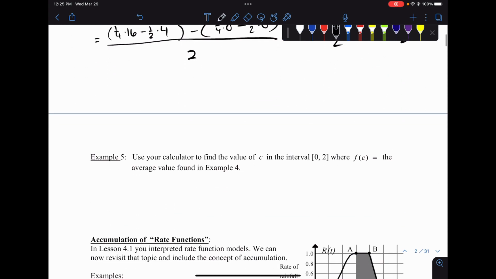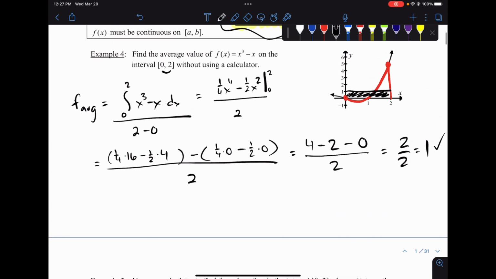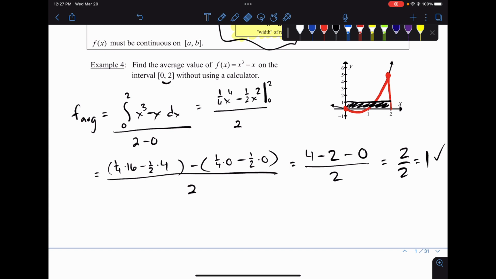All right, going on. Example 5, it wants me to use a calculator to find the value of c in the interval from 0 to 2 where f of c equals the average value we found in example 4. So what it wants me to do here is, now that I've colored over all of the graph, it wants to know what x value makes my function equal 1.